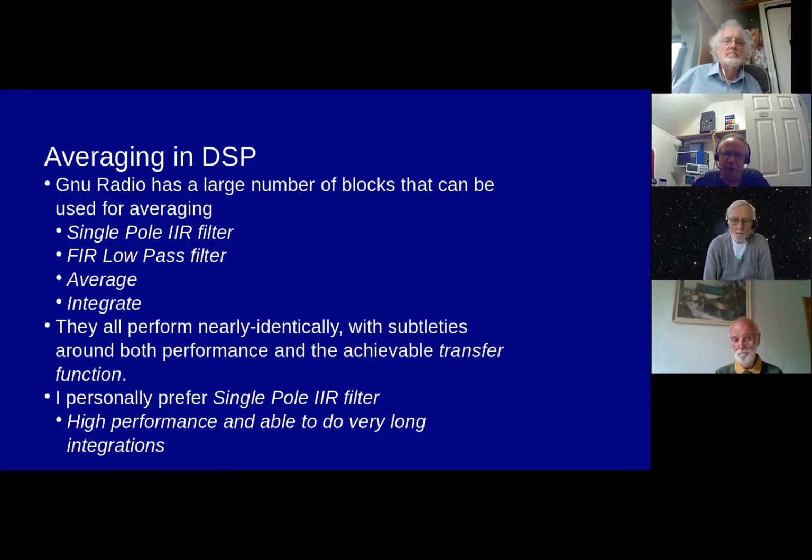I personally prefer the single pole IIR filter because it's very, very cheap to execute. And you can typically implement very long integration times with a single pole IIR filter. They have some drawbacks. Theoretically, any large impulse that arrives at a single pole IIR filter affects the output forever because it decays exponentially.